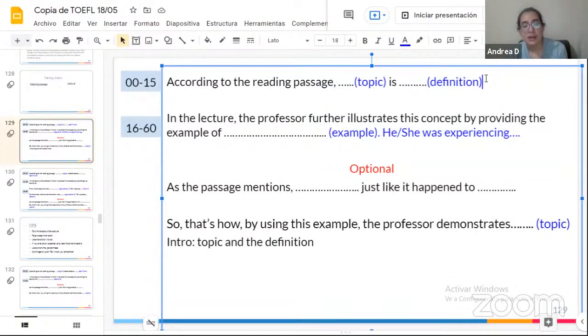You say something like, in the lecture, the professor further illustrates this concept by providing an example of, if it's just one example, you can use this, an example of kids and how they behave in school. The professor mentions that when kids are in school, first they tend to misbehave, and then as a result, they get punished.